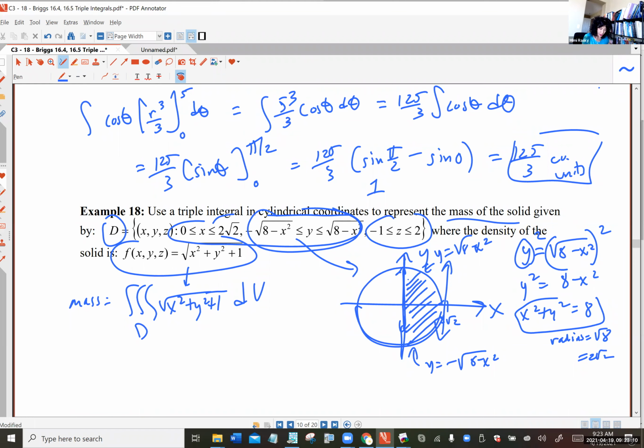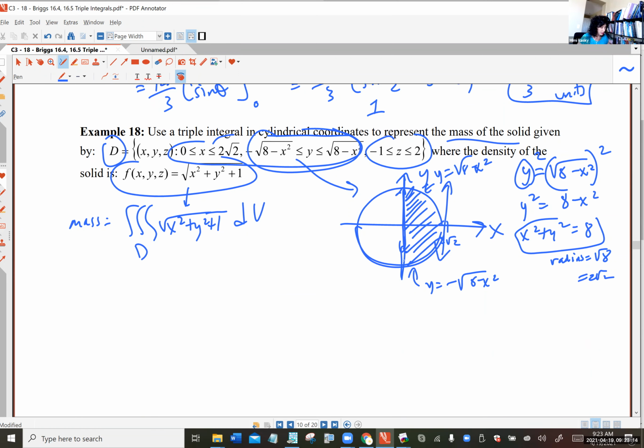So really, we only want the right half side of the circle. This is what's going on here in the xy plane. So if I look here and I figure out my limits, I hope you can see that theta is going to go from negative pi halves to positive pi halves with that right half side of the circle.